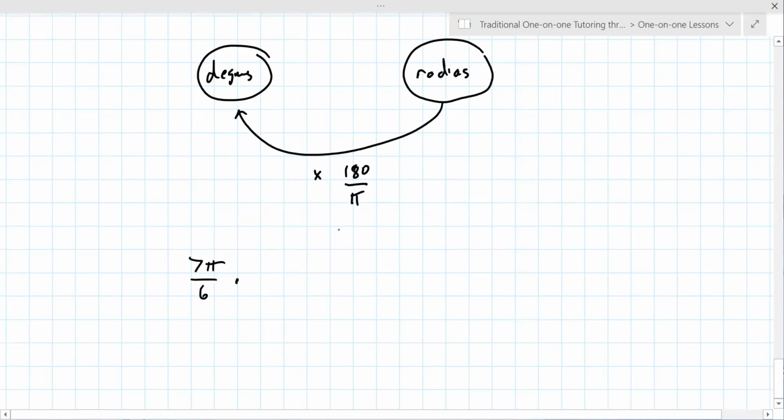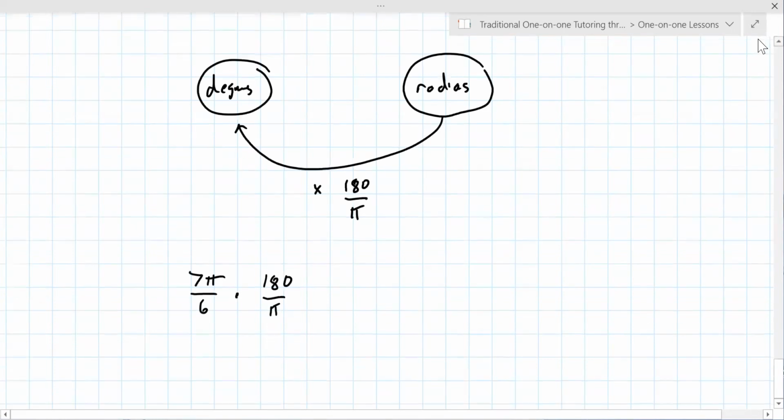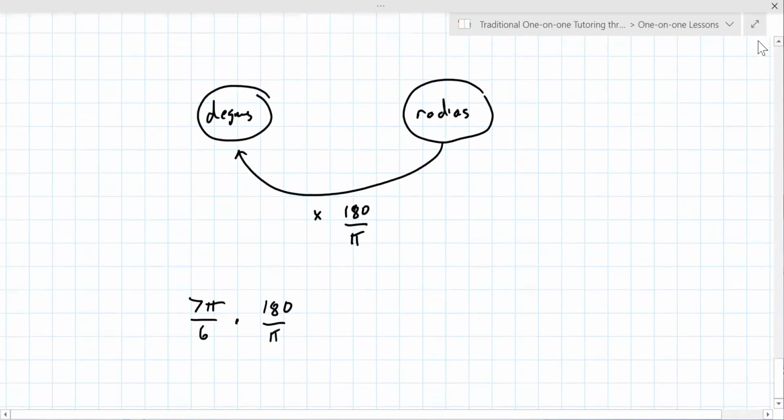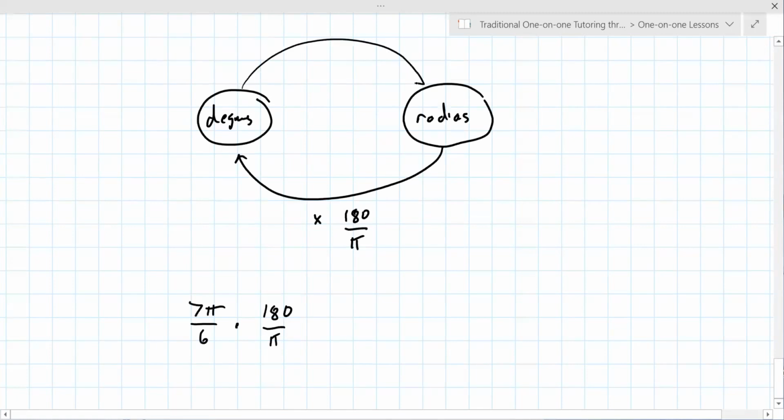And I said to convert it to degrees, you would multiply by 180 over pi. So just to be clear, going from degrees to radians, you multiply by pi over 180. And now it's 180 over pi. So you have to know each of those. Like that's your flashcard between now and tomorrow.